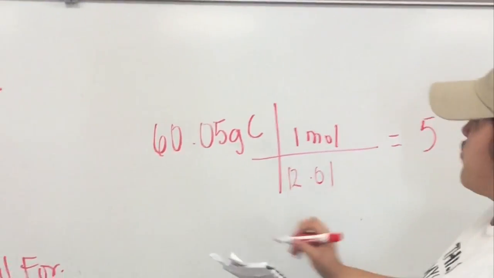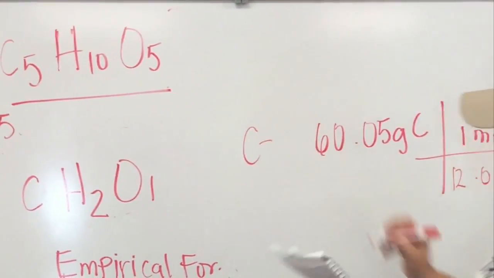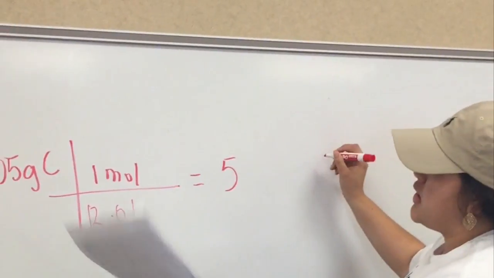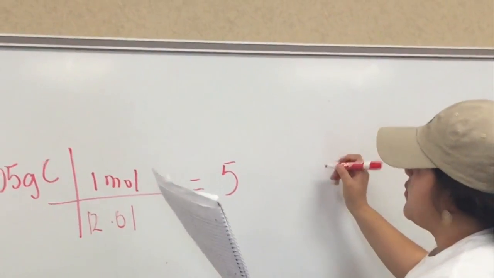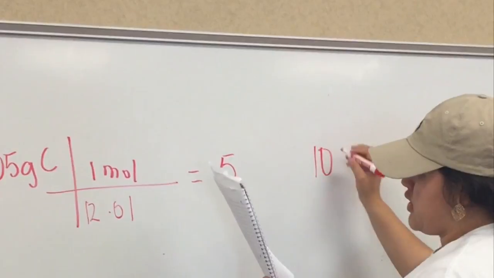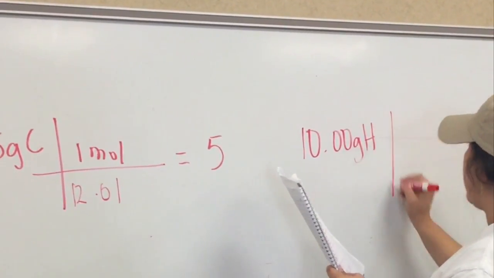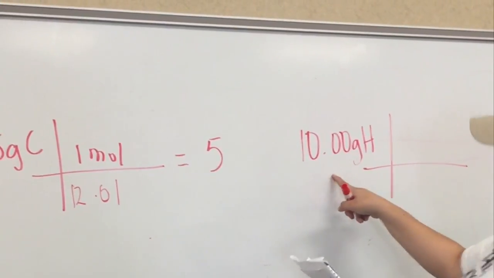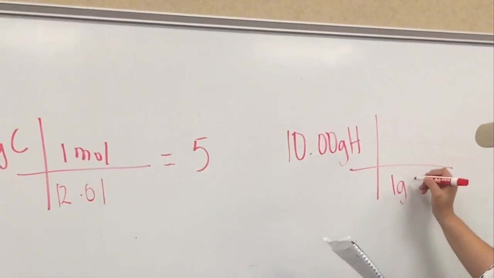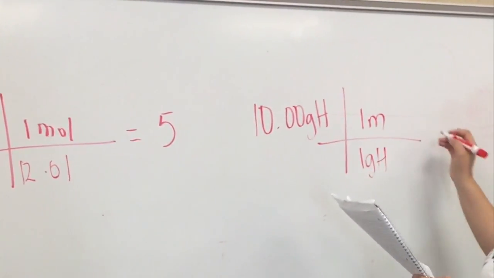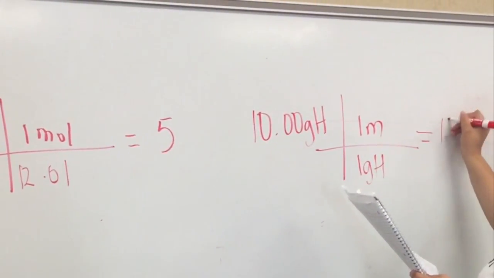So this is carbon. And then for hydrogen, you're going to get the given molar mass of it. So it's 10 grams of hydrogen, and then the mass of just one hydrogen is 1 gram. So when you divide this by this, it equals 10.